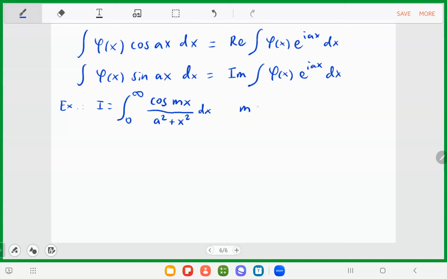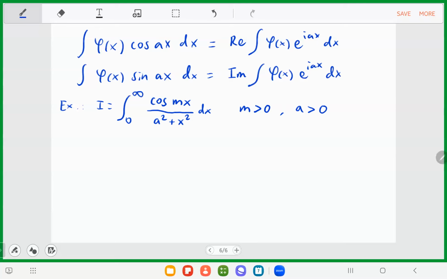And I need to know if the number in the cosine is positive or negative. I'm going to assume it's positive. The number a doesn't matter, but I'm going to also assume it's positive. So m and a are real. So in this case, this integral should give me a real number, right?